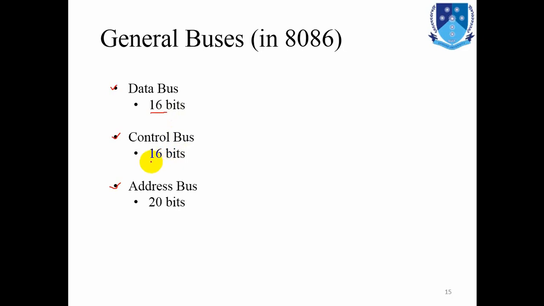The size of the control bus is 16 bits, or the control bus has 16 data paths. The address bus is made of 20 data paths, or you can say that a 20-bit address bus is used in the 8086 microprocessor. These three types of buses are commonly known as the system bus.